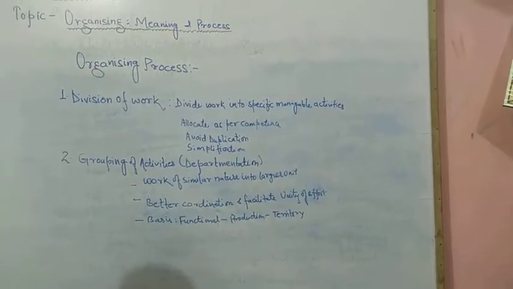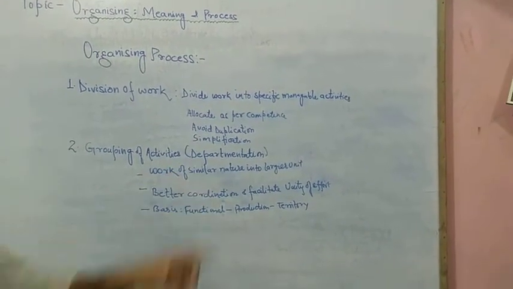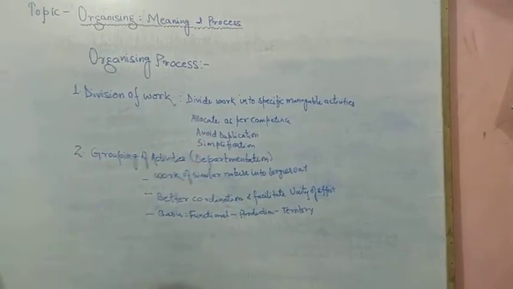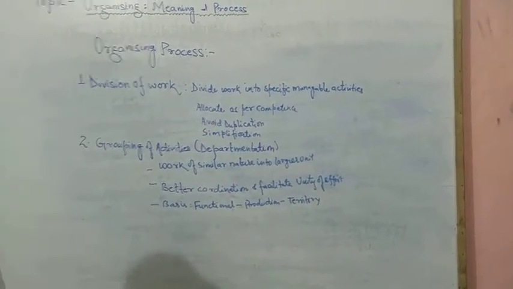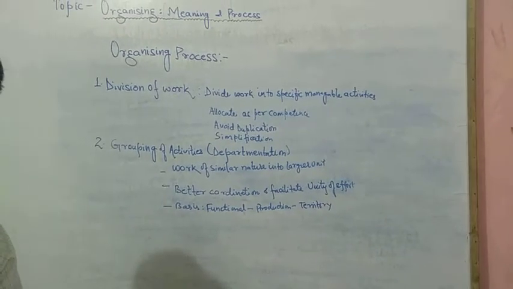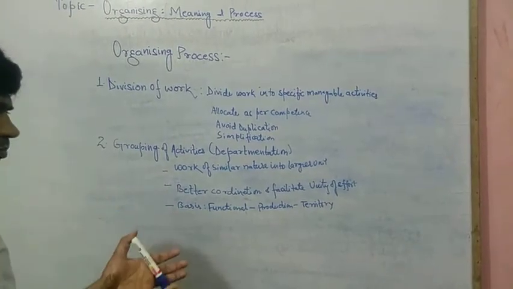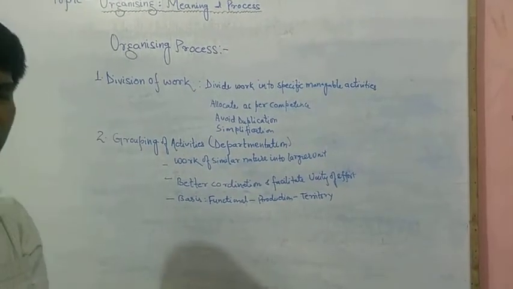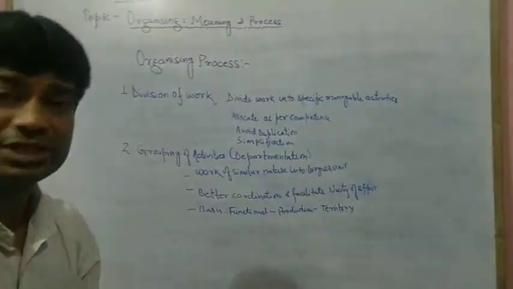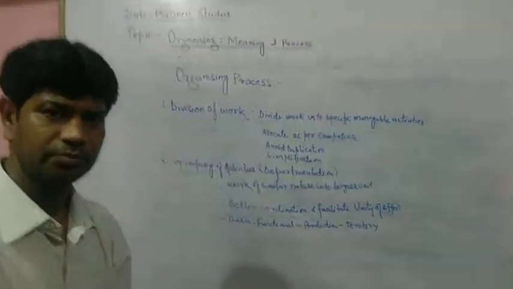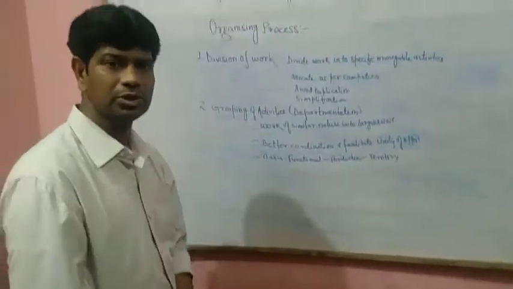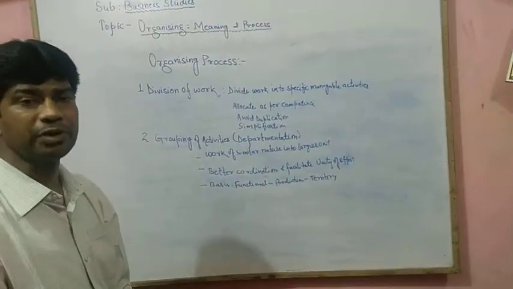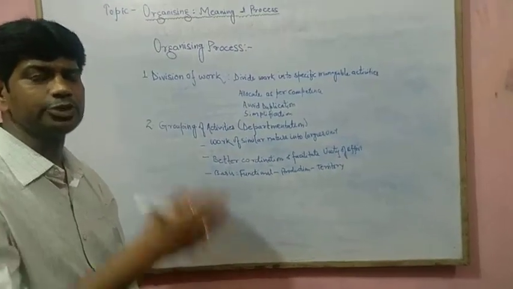Now coming to the second one, that is departmentation, or grouping of the activities. The work of similar nature is grouped into a larger unit. We may form a department, a division, a section on the basis of some common activities that is being performed by different individuals in a group.